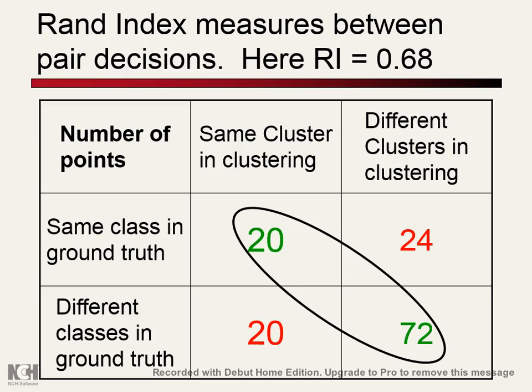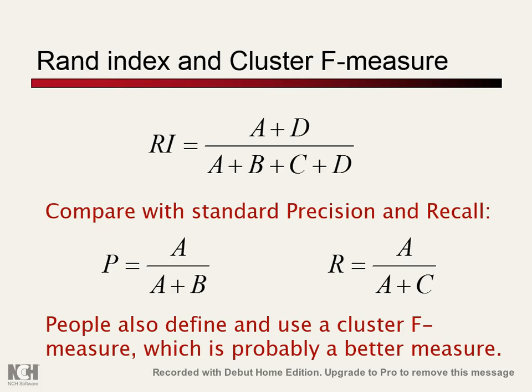Okay, so here, all the correct ones are counted. The number of correct data is divided by the total number. So you can calculate your rand index. Okay, any problem? So the rand index calculation is very simple.